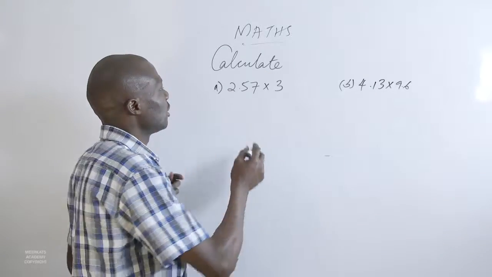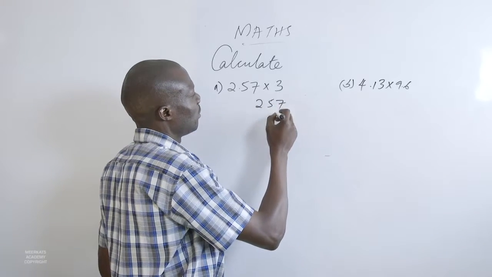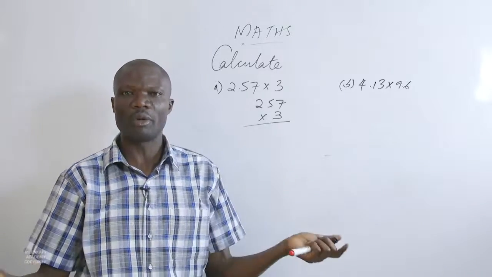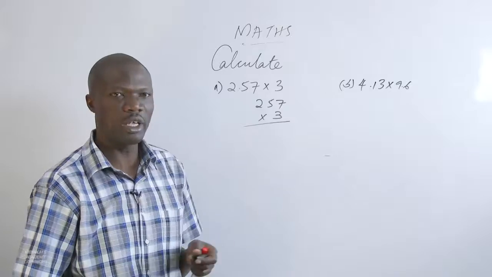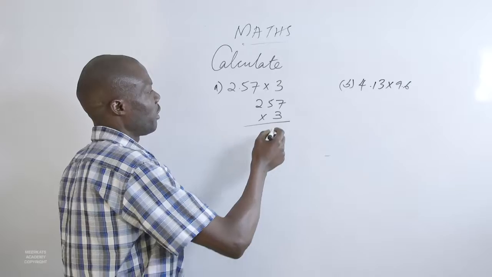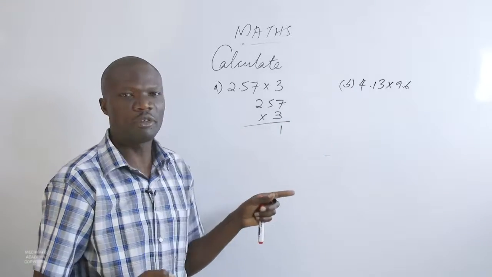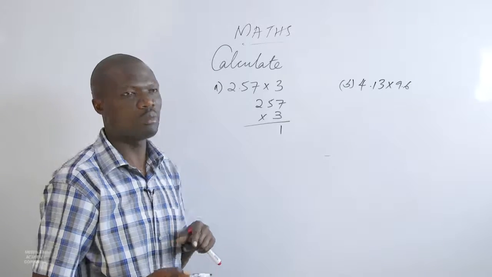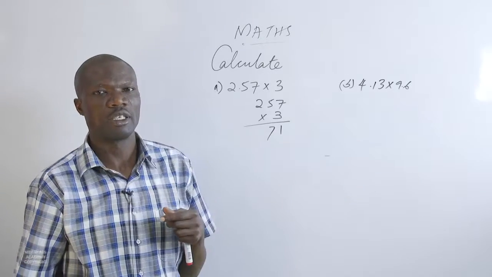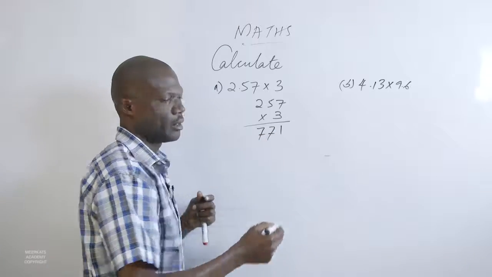So in this case, as we ignore the decimal point first, you will carry out the multiplication in a simple way. When you multiply this, 7 times 3 is 21, carry 2, 5 times 3 is 15, plus 2 gives us 17, and 2 times 3 is 6, plus 1 gives us 7.